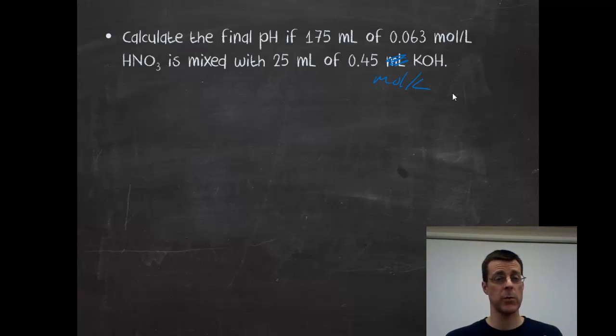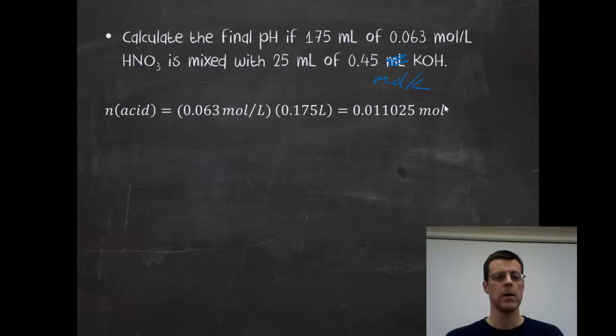Calculate the number of moles of each, calculate the excess, calculate the concentration, calculate the pH. Number of moles of acid is the concentration of the acid times the volume of the acid. And again, don't round off. I know it's awfully tempting to do so, and wow, I don't want to carry around 6 decimal places, but just do it for the first couple and see where you end up.